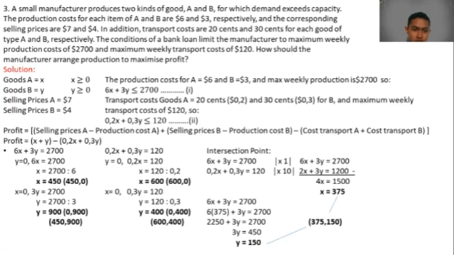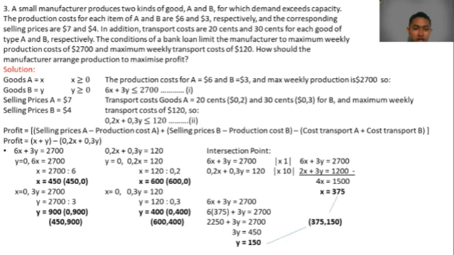So we can get the points of the first equation are 450 and 900. Next to the second equation, 0.2x plus 0.3y equals 120. And then to get the x point, we put y as 0, so we can get 0.2x equals to 120, and then x equals to 120 divided by 0.2, and then x equal to 600.